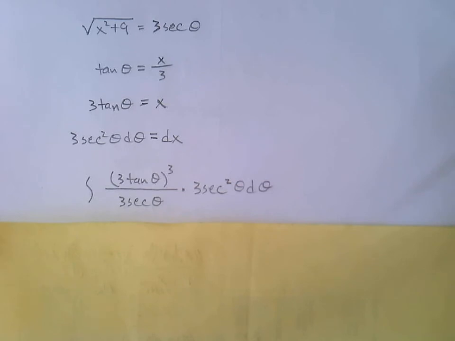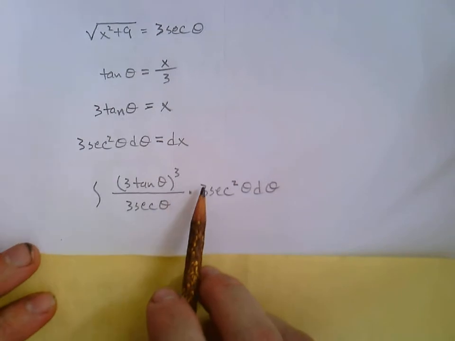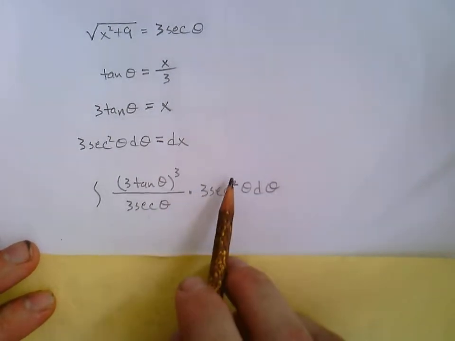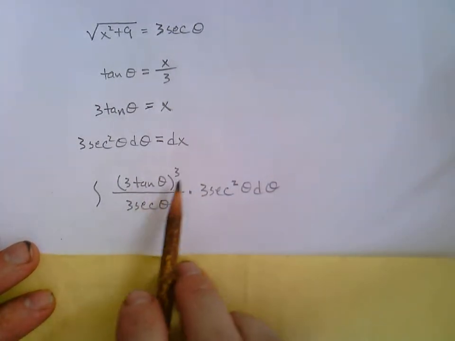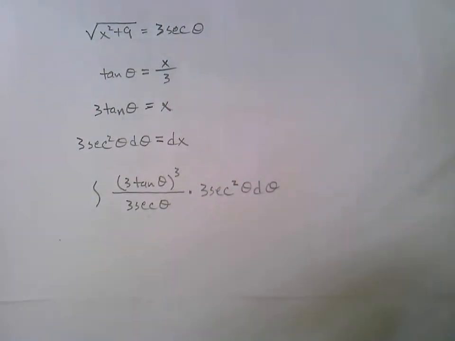Pretty cool, pretty nifty. And now the hope, of course, is that after we simplify, we're going to be able to do this trig integral. And it's not uncommon for these to simplify very nicely. Here, we can see the 3's cancel and one of the secants even cancels. And then we will do the cube here. So I've got that on the next page.